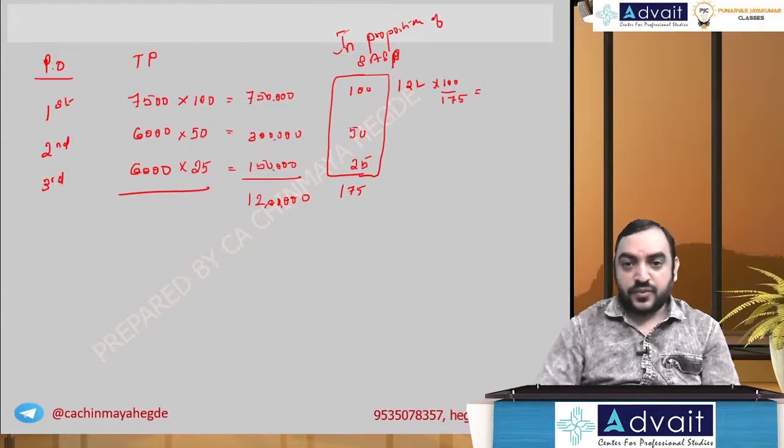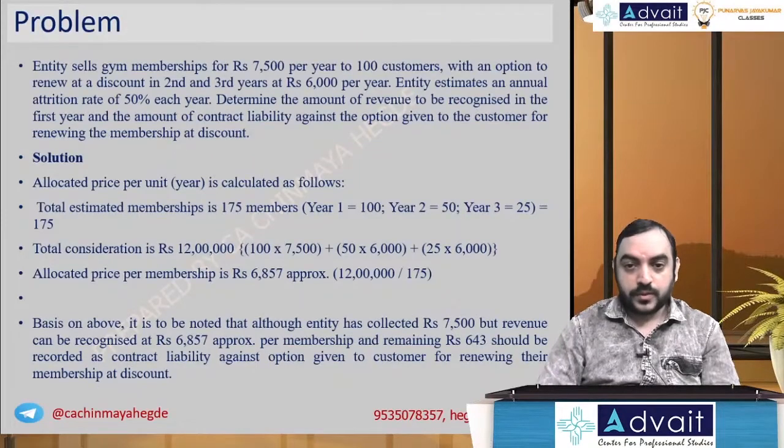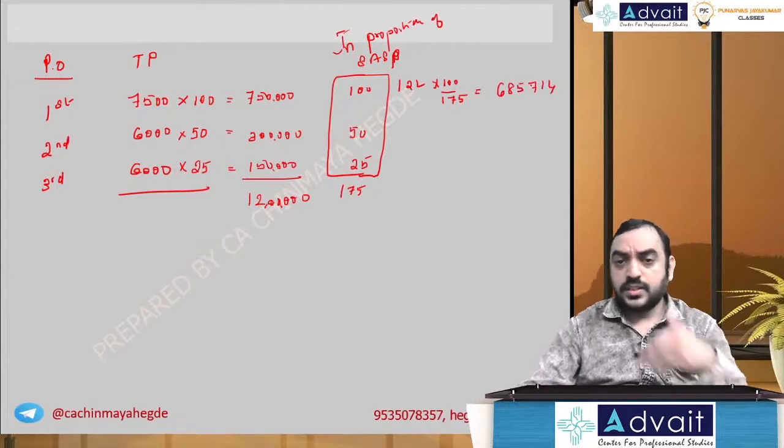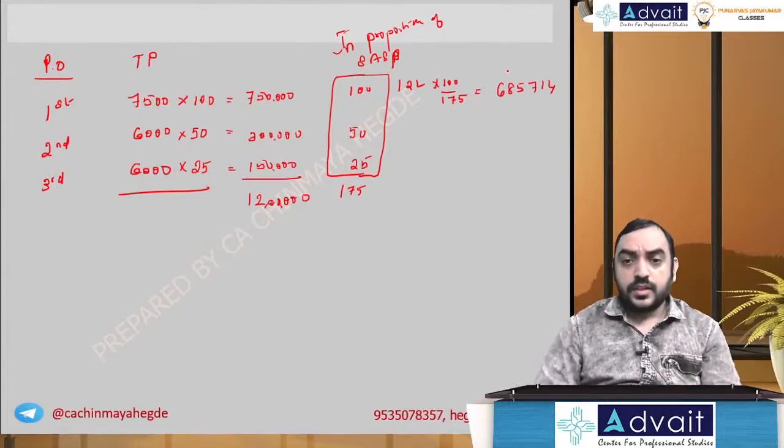6 lakh 85,714. This is the first year revenue. Or you can say 12 lakh by 175 is the per customer basis.